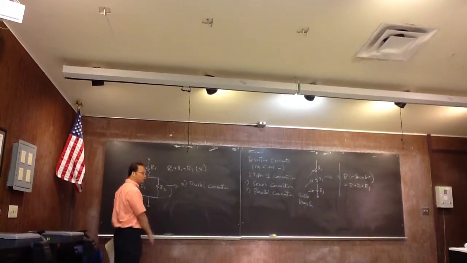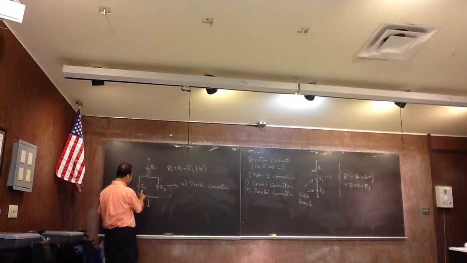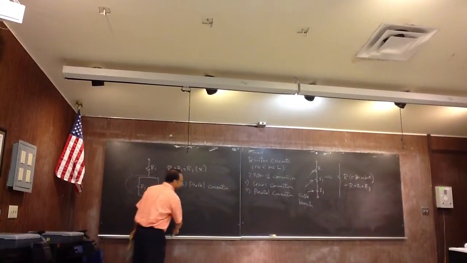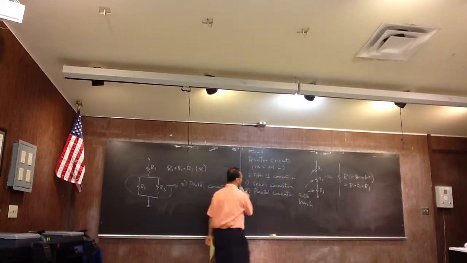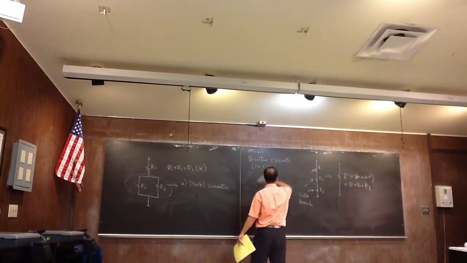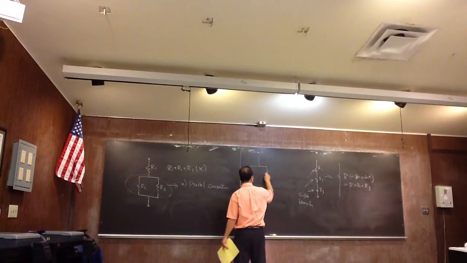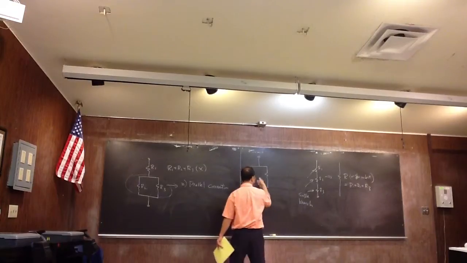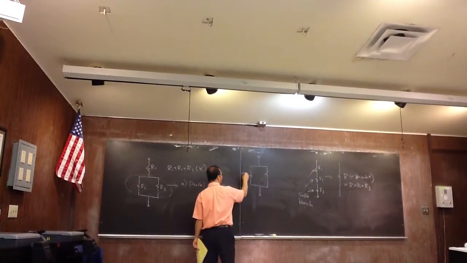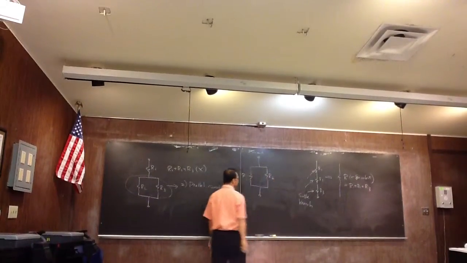So what do you do when you have a parallel connection? What is the equivalent of that? So now let me see just these two. So this is a parallel connection. This is called R1, this is called R2.